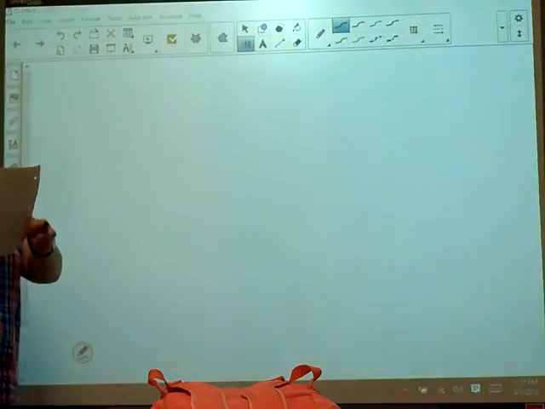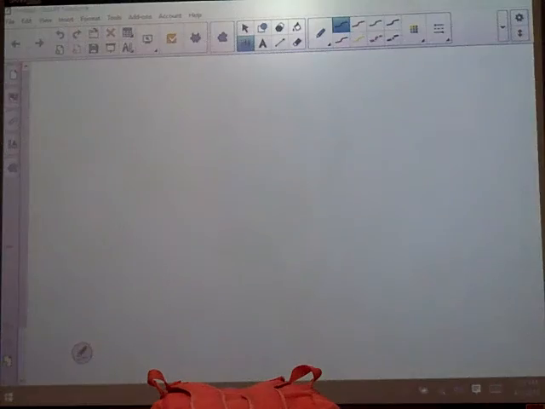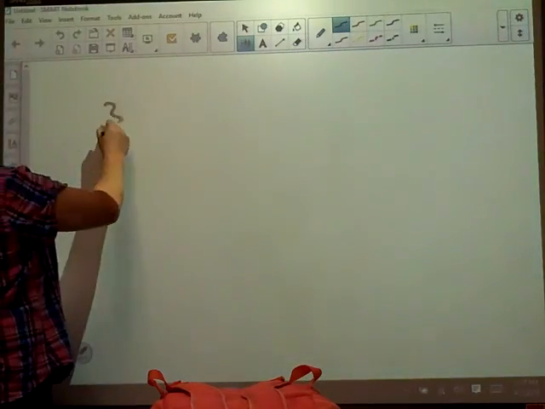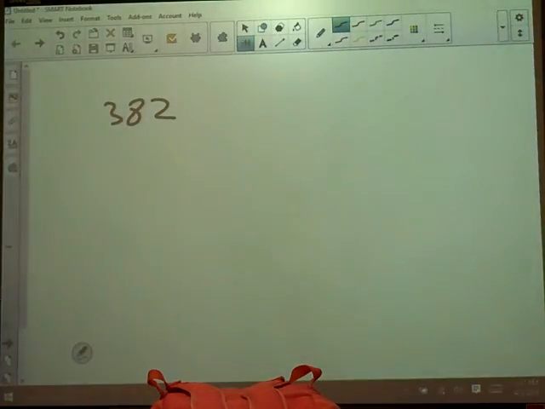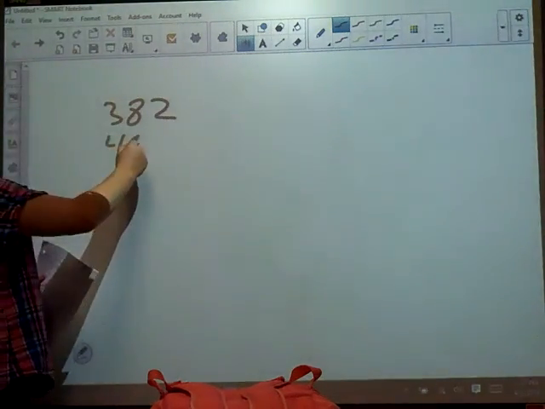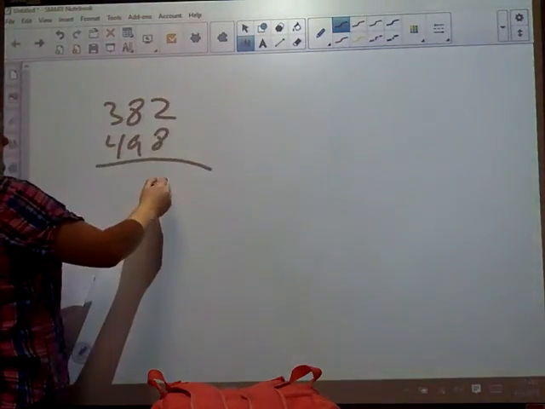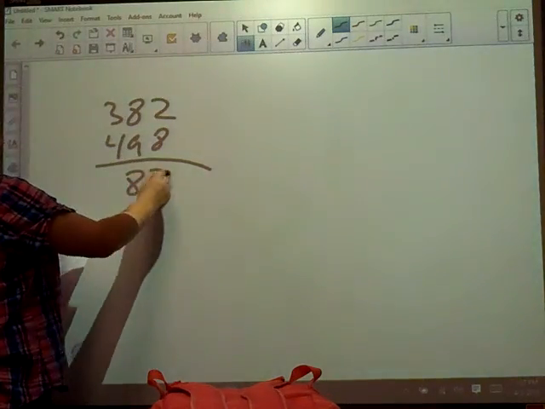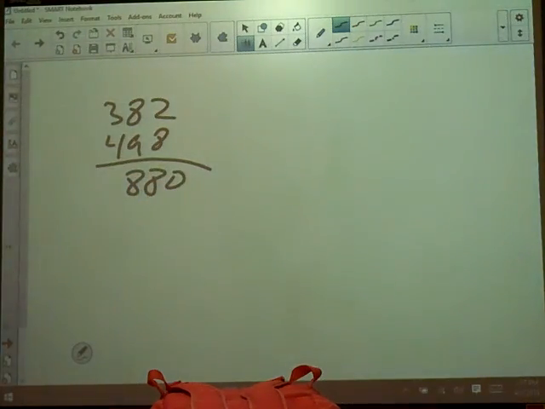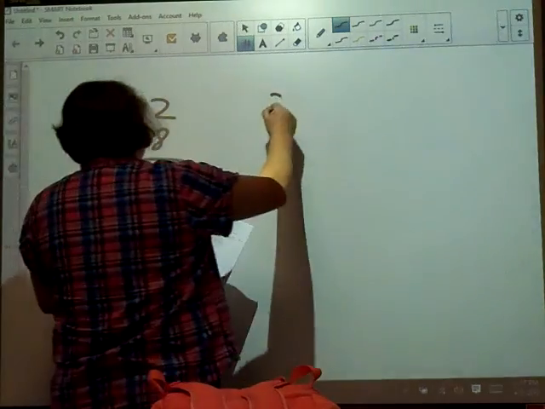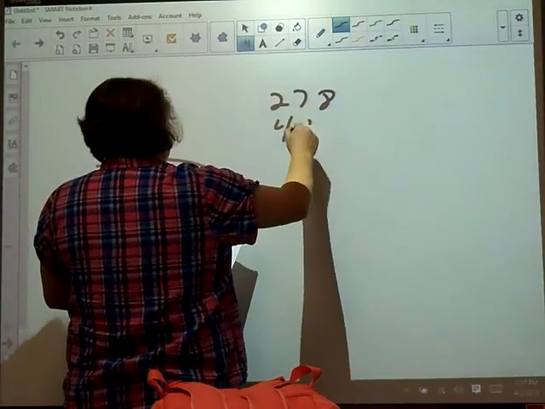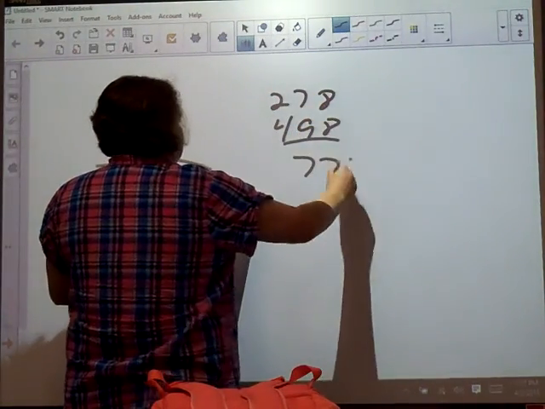If you took that 382 from the surface of the moon to the edge of the ellipse and added the radius of 498, that got you 880. If you took the other intercept on the ellipse, the 278, and added the radius of the moon, that got you 776.